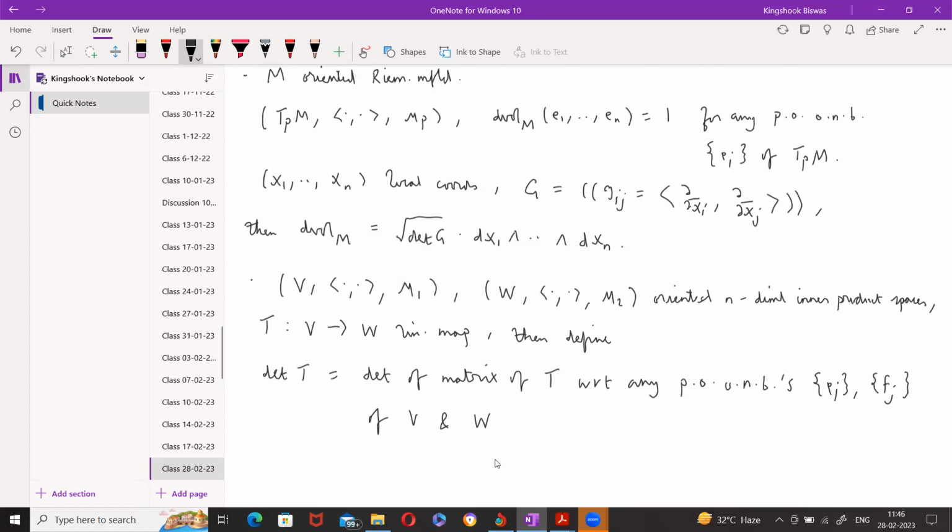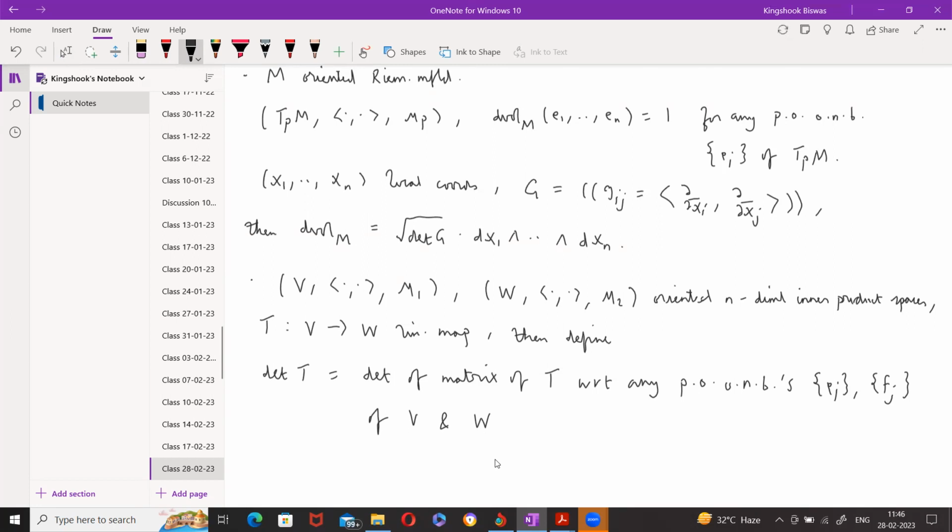Because if I change the basis of V and the basis of W, because I'm only looking at positively oriented orthonormal bases, the change of basis matrix will be an orthogonal matrix whose determinant is positive, and therefore the determinant has to be 1, right?